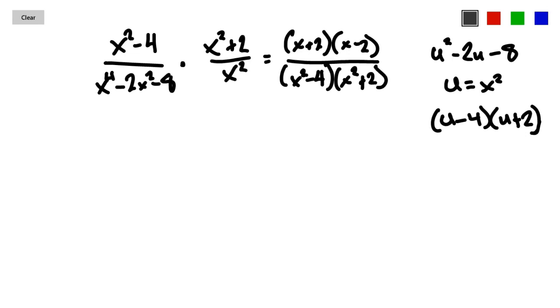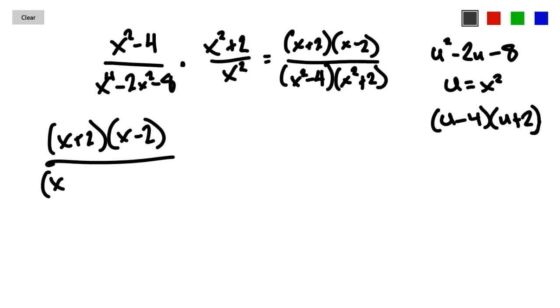And then again, I can factor out the x squared minus 4 as a pair of conjugates. So I have (x plus 2) times (x minus 2) divided by (x plus 2) times (x minus 2) times (x squared plus 2).